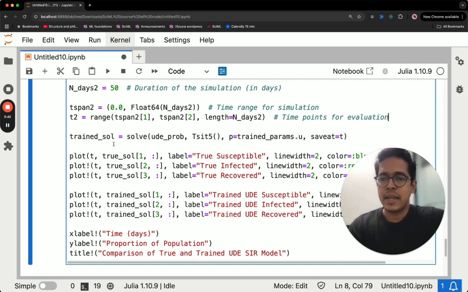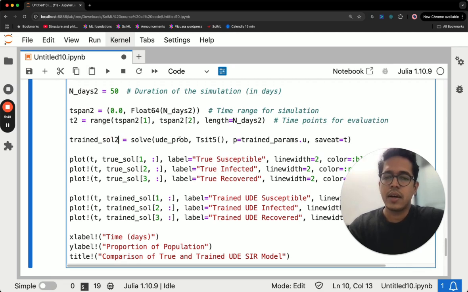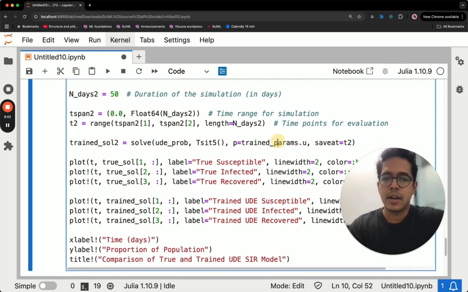Then I would say trained solution 2 is equal to solve. We are solving the UDE problem and saving at T2, and train parameters remain the same because we are making predictions.